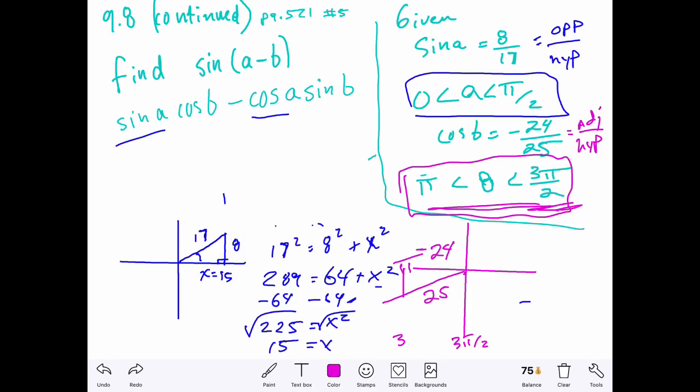Okay, and so once I solve for whatever, say, y here, is it going to be positive or negative? Well, since it's in the third quadrant, it should be negative. So we're going to keep that in mind. So y squared plus negative 24 squared equals 25 squared.